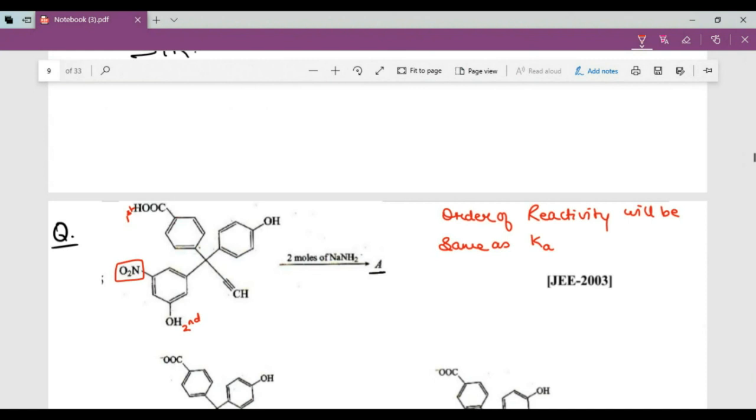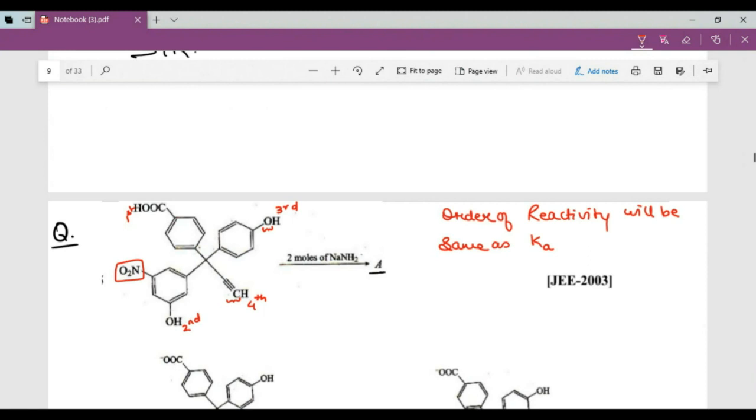Then I have phenol versus acetylene. This is ultimately going to be sp hybridized C minus, whereas this is going to be O minus. We have seen the conjugate base: more electronegative minus is more stable. So this is going to be third and this is going to be fourth.